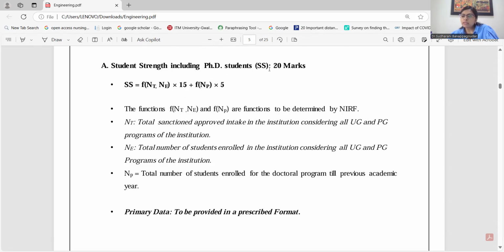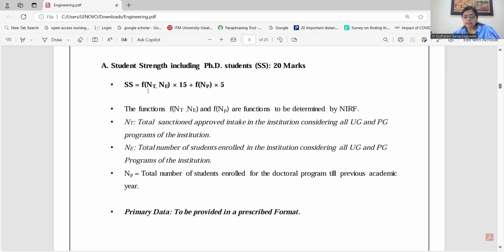The SS mostly depends upon the UG and PG students' enrollment, not much on the PhD. If you put different numbers into the formulas, you will get an idea. The number always increases by UG and PG intake when compared with the PhD.